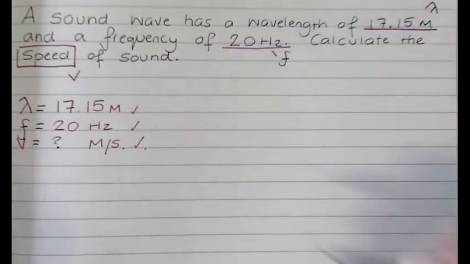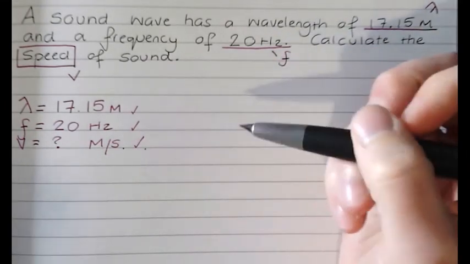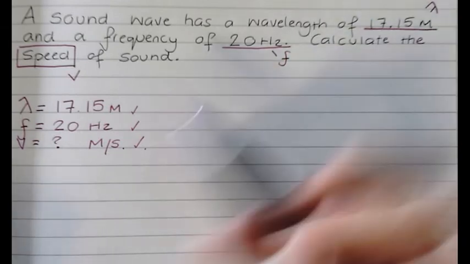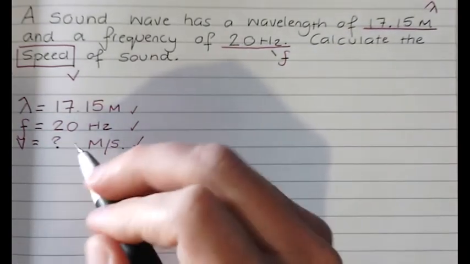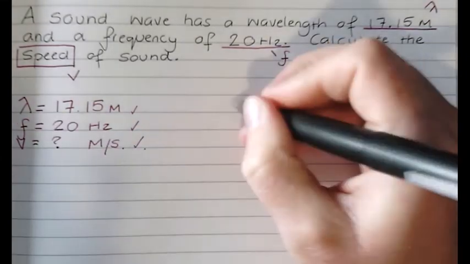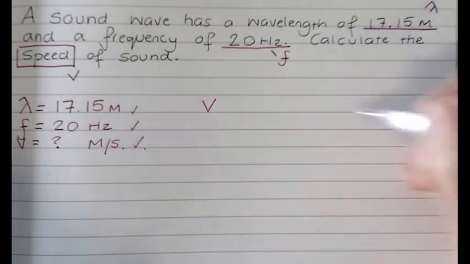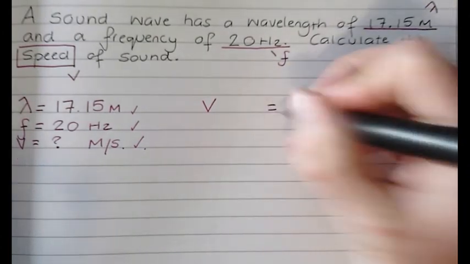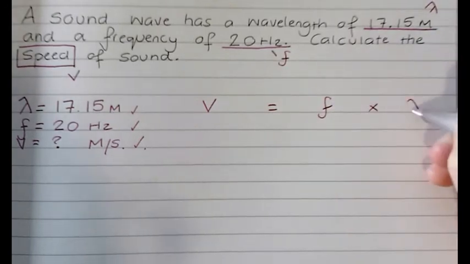So once we've got this, the thing we do now is we write the equation in symbols that links all of these values together. So we've got a wavelength, we've got a frequency and a velocity, and there's only one equation that links these things, and it's V, so velocity. And we're going to spread this out, so we might as well use all of the space, equals frequency times wavelength.